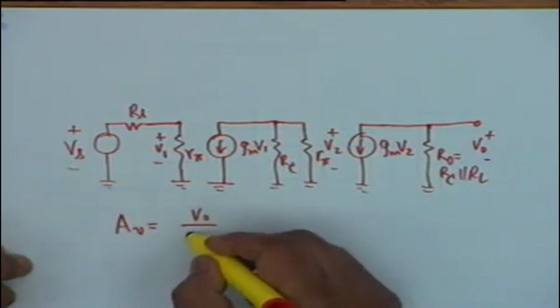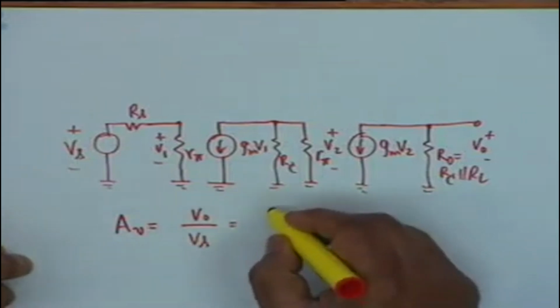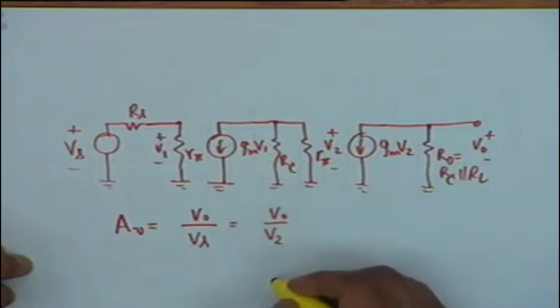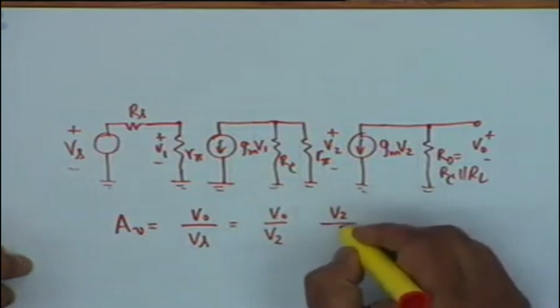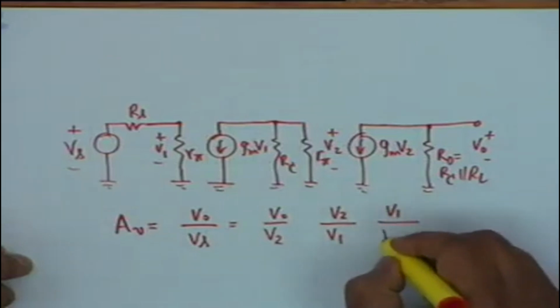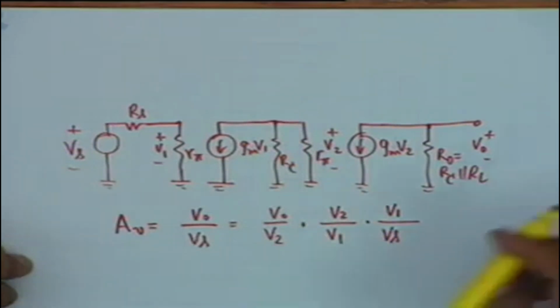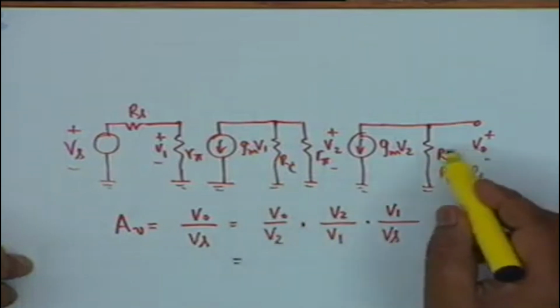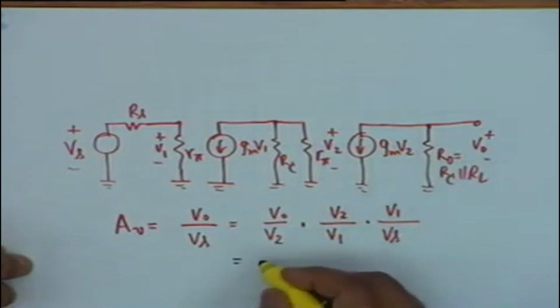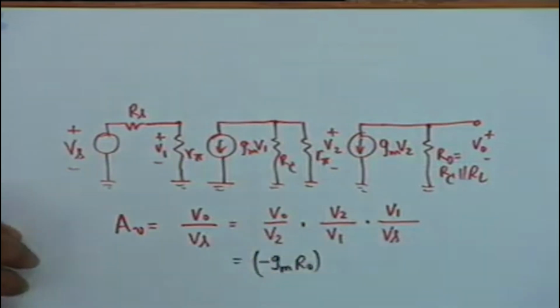V0 by Vs is the voltage gain, and we calculate this in 3 steps: V0 by V2, then V2 by V1, and then finally V1 divided by Vs. All right. It is quite clear that V0 by V2 is simply minus gm times R naught.